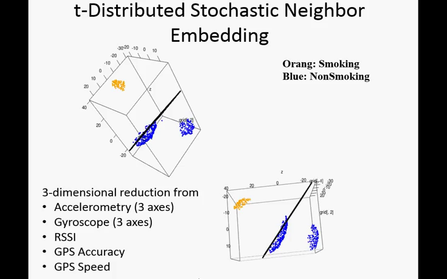And using the t-SNE technique, Narges has reduced the dimensionality of this space to 3 dimensions. And as it turns out, the 3 dimensions that it captured by examining the structure of the data were such that they tended to neatly separate, on the one hand, the smoking data, and on the other hand, the non-smoking data.